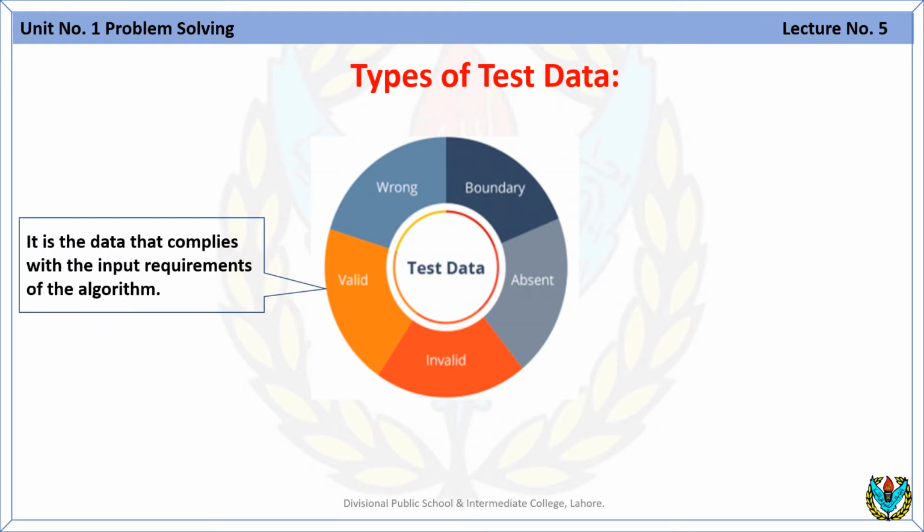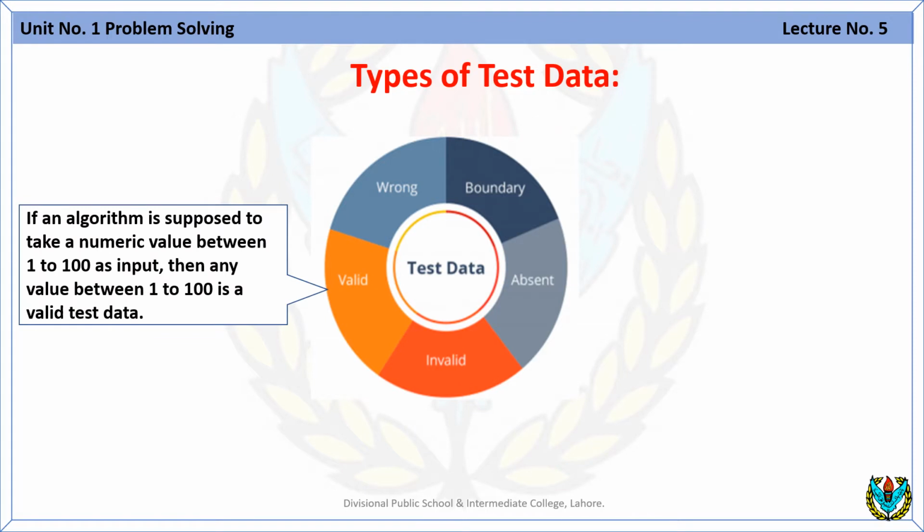It is the test data that complies with the input requirement of the algorithm. For example, if an algorithm is supposed to take a numeric value between 1 to 100 as input, then any value between 1 and 100 is valid test data.